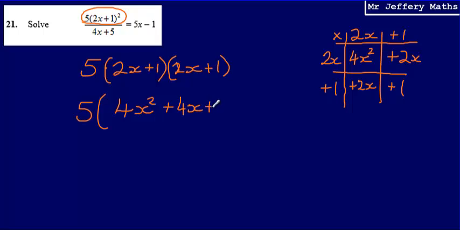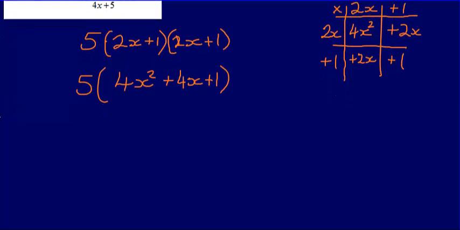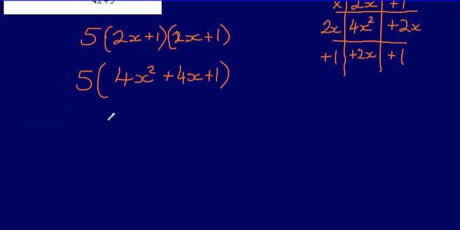The final thing to do with what we began with is now just to multiply out the final bracket. So 5 multiplied by 4x² will give me 20x². 5 multiplied by 4x will give me 20x. And then 5 multiplied by 1 will give me just 5.